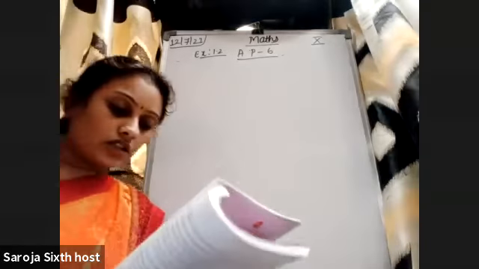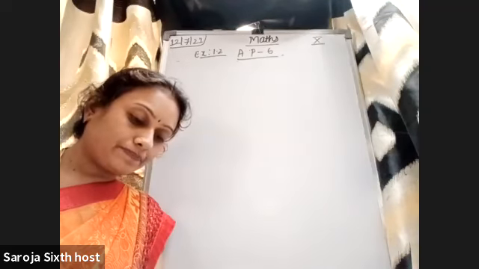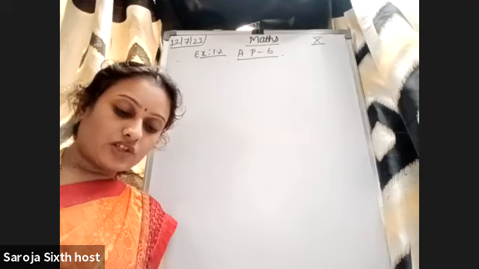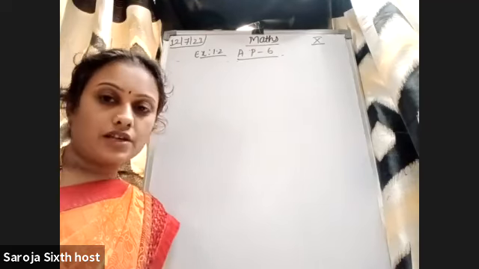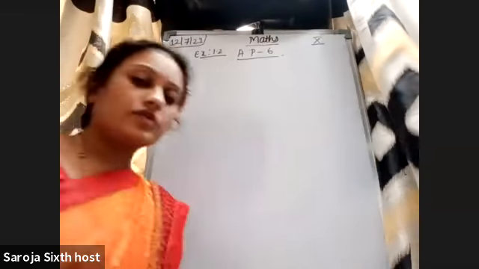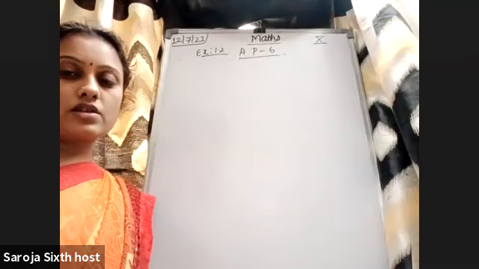If the third and the ninth terms of an AP are 4 and minus 8 respectively, which term of the AP is 0? Now, who will tell the meaning of this problem? First, what is the given thing? You should raise your hands.